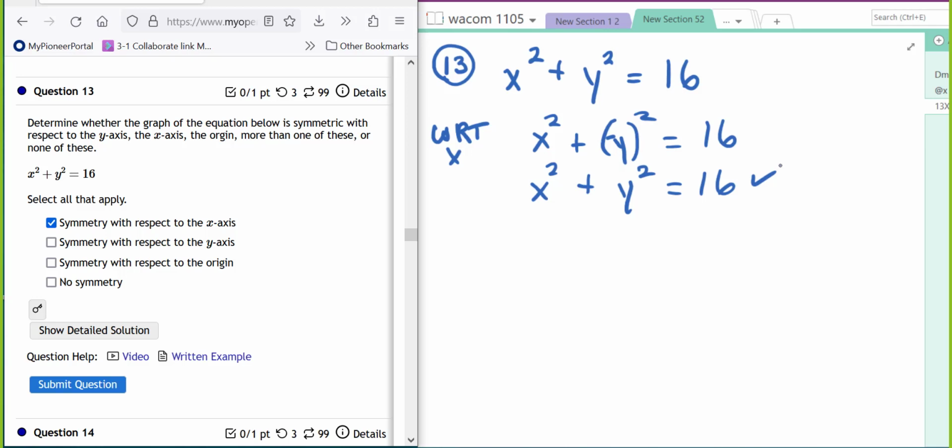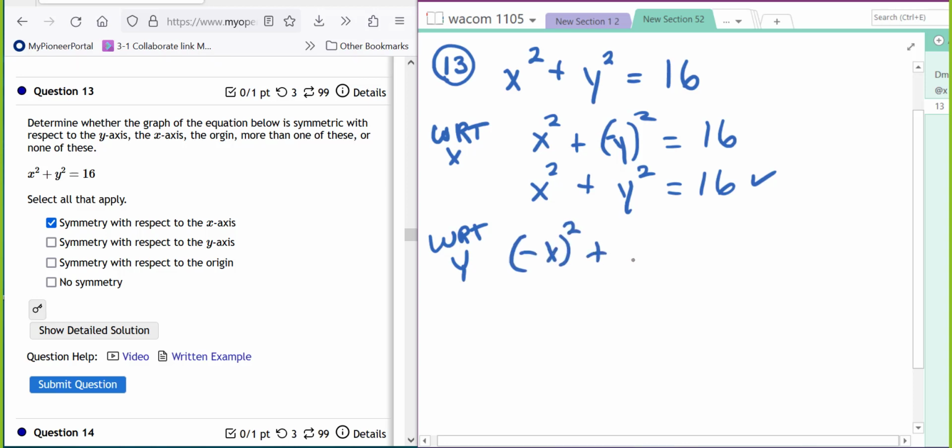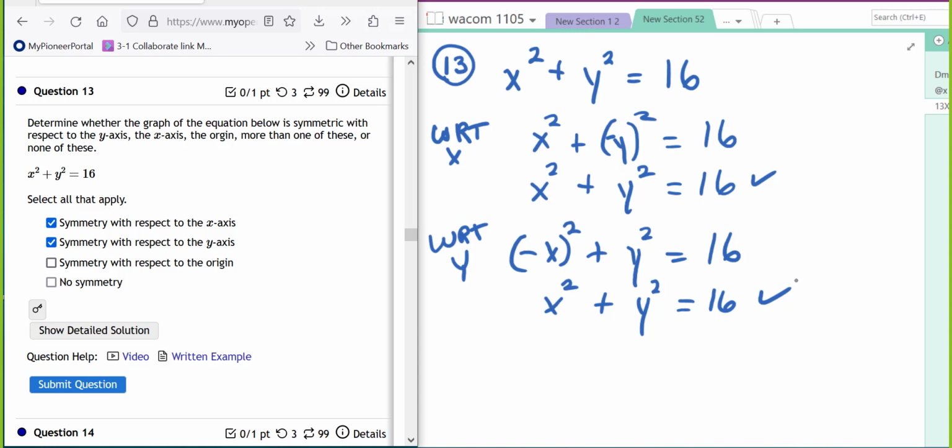I'm going to look at with respect to y. So that is when you plug negative x into x. And this one works. And then with respect to the origin.